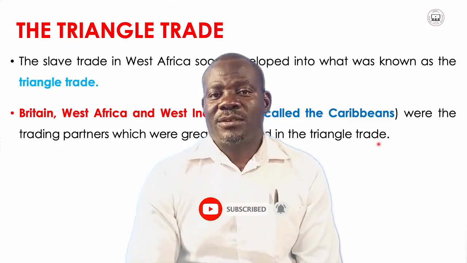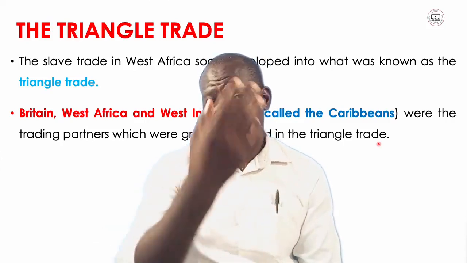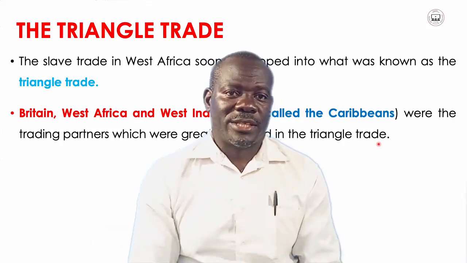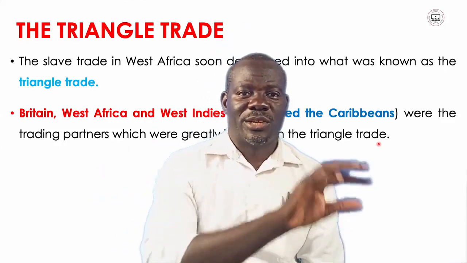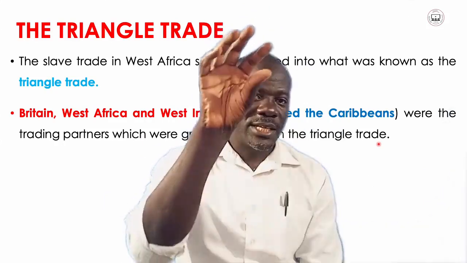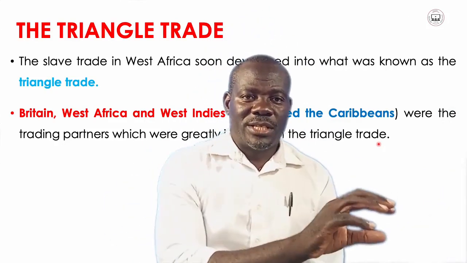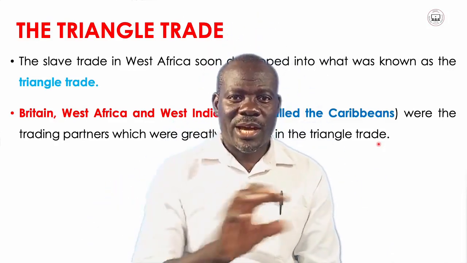The second one, Africa. The third one, the Caribbean, which by then was called the West Indies. So these were the three points. From Britain to Africa to West Indies. Then they go back home. Then they start again the journey from Britain, West Africa, West Indies. They go back like that. So that's why it was called the Triangle Trade.